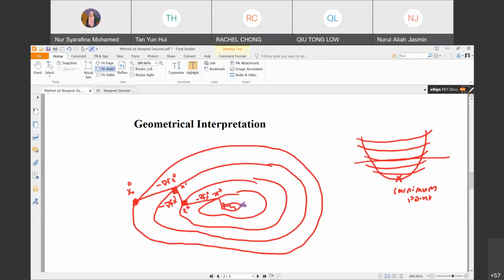So the movement is always orthogonal, and we call it the zigzag phenomenon. Is that clear? It always moves orthogonally until you reach the solution point.